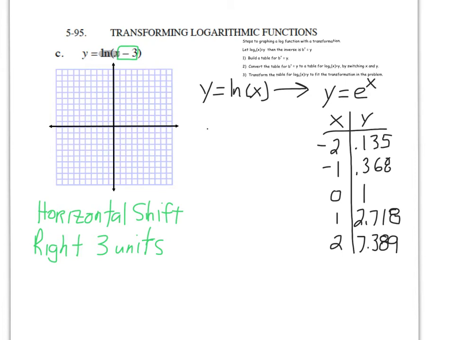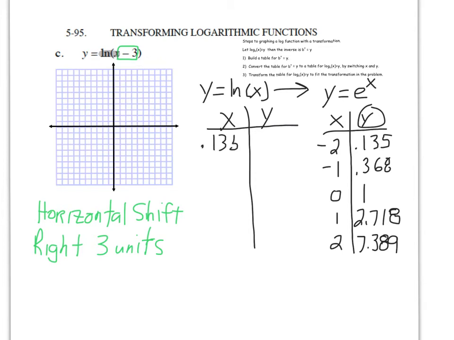Take this and build your table for the ln of x. Here's my x, here's my y. These y values for e to the x, or our exponential equation, become the input values for the natural log, or our logarithmic equation.